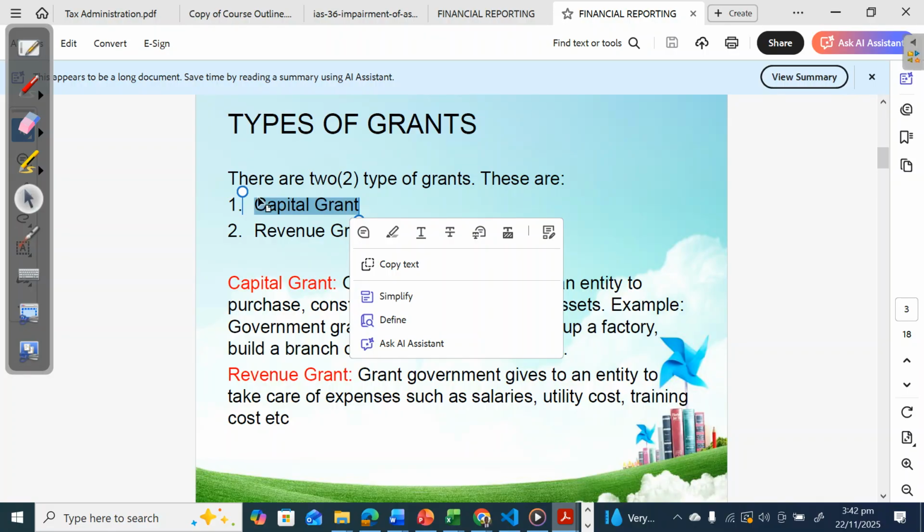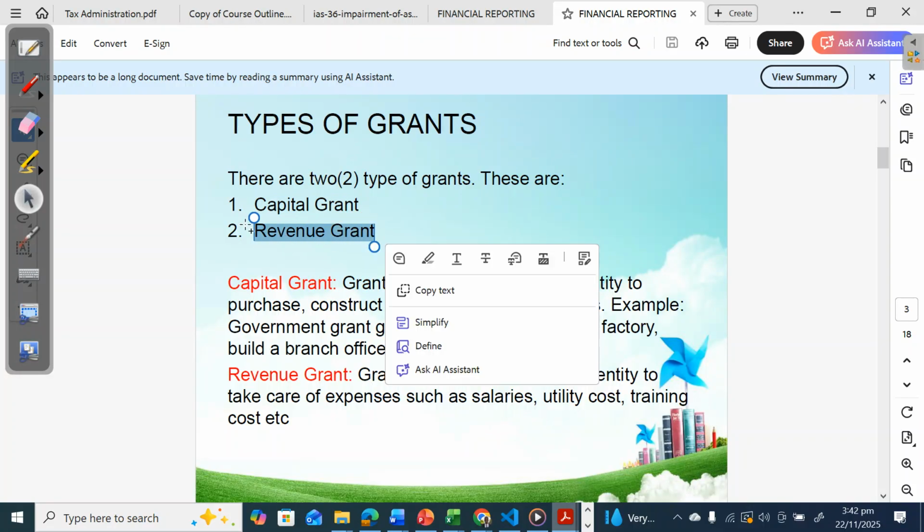Then we have revenue grants. Revenue grants are grants to take care of the day-to-day operations of the business. So maybe the government has given a grant to pay workers' salaries. Okay, the government has given grants for you to maybe pay your bills or pay some of your debts.